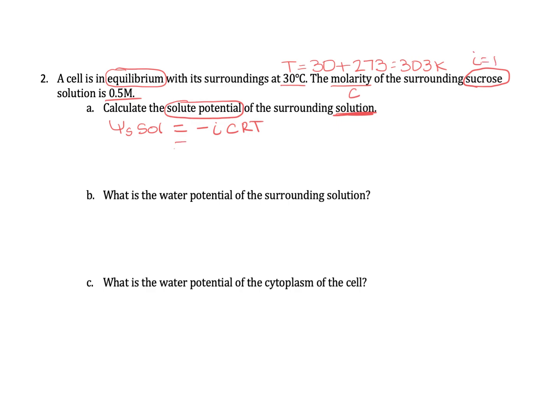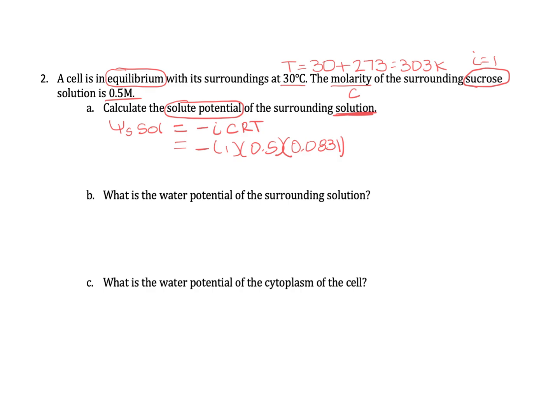So when we plug this in, we've got our negative, we've got the i. C was the molarity at 0.5. R is a constant, so it's given to you on the equation sheet. You just need to look at the units given in the problem so that you can match them up and use the appropriate conversion and constant.